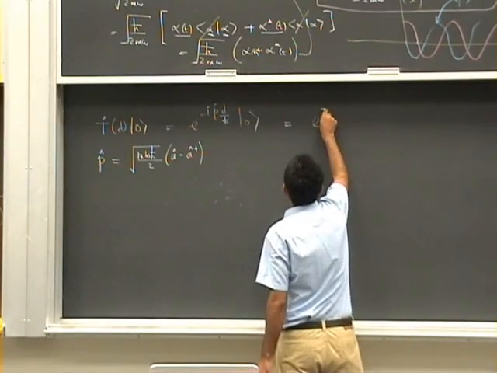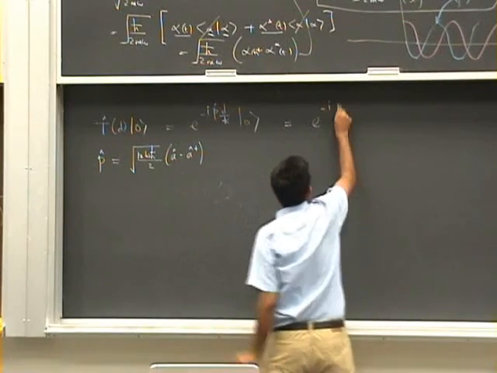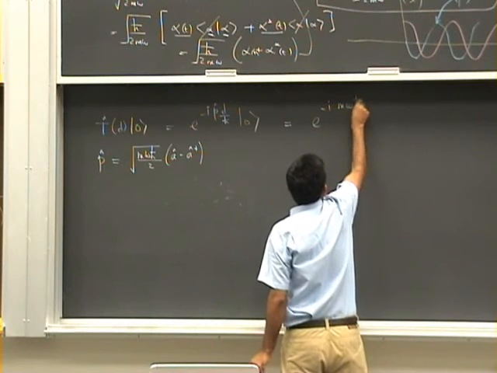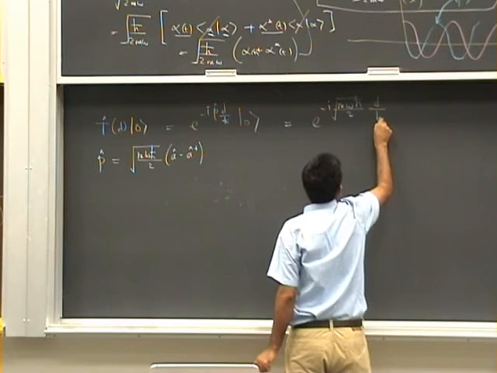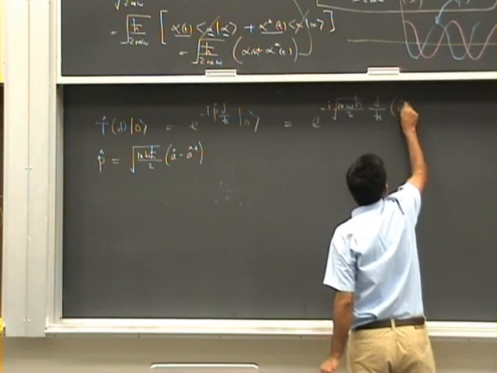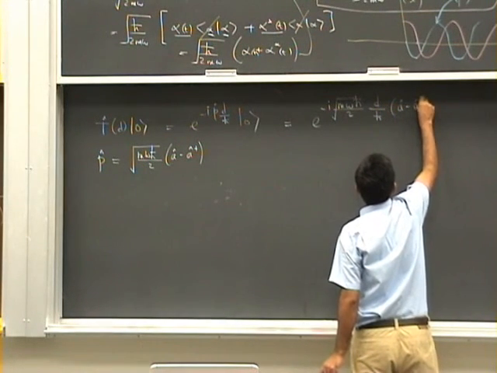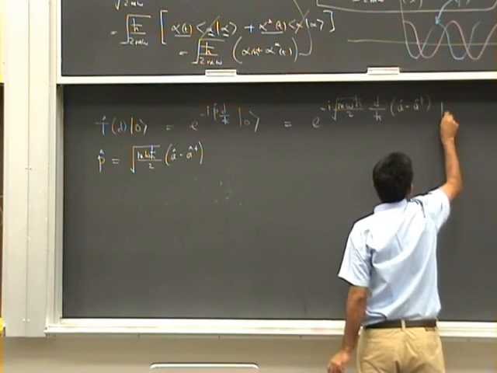So it is e to the minus i, instead of p I write square root of m omega h bar over 2, times d over h bar, times a minus a dagger, acting on ket 0.